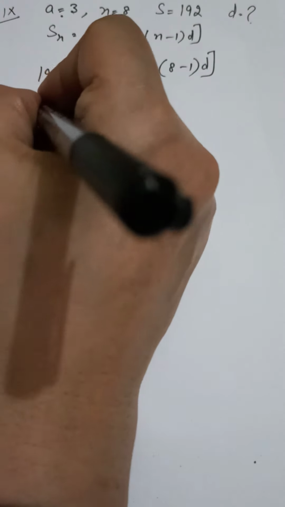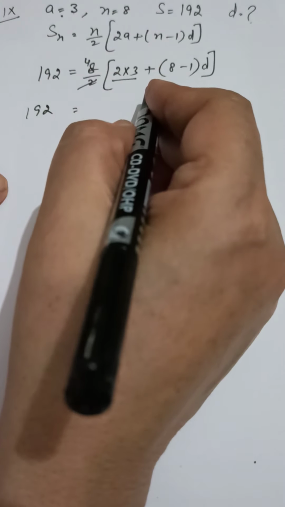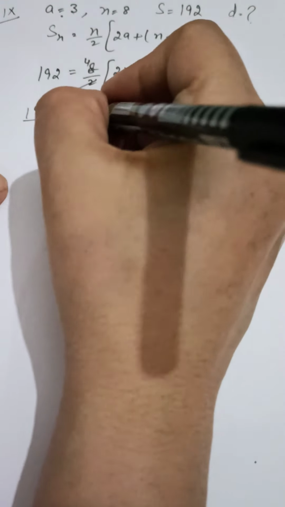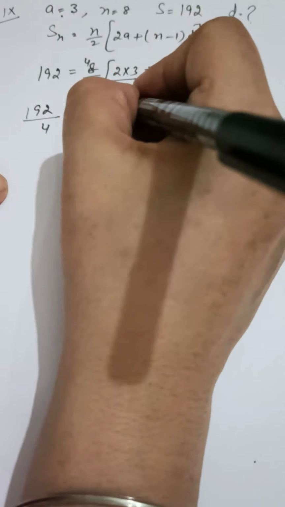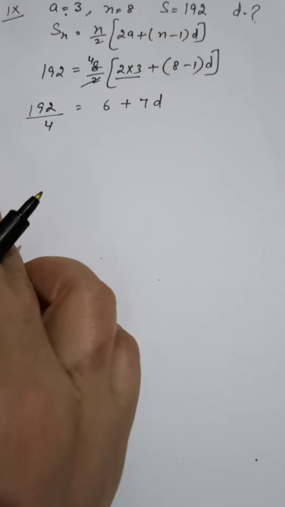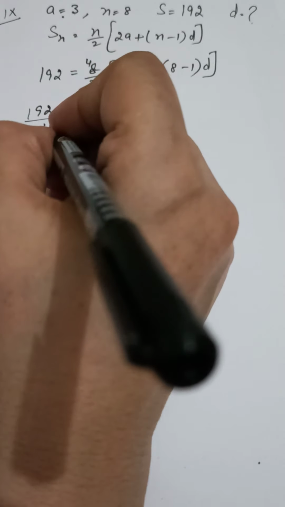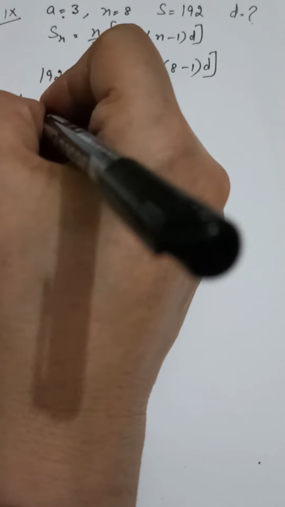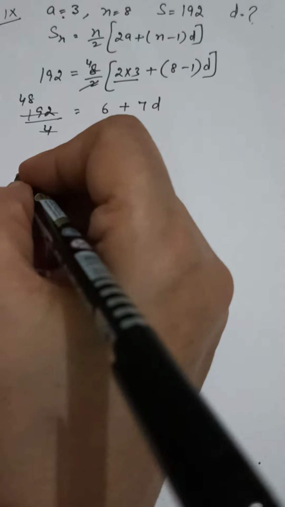2 4s are 8, there is cutting. 192, 4 is multiplied here, so it moves to this side, 4 will divide this. So the bracket becomes 6 plus 7d. Now 6 moves to this side. 4 4s are 16, 4 8s are 32.